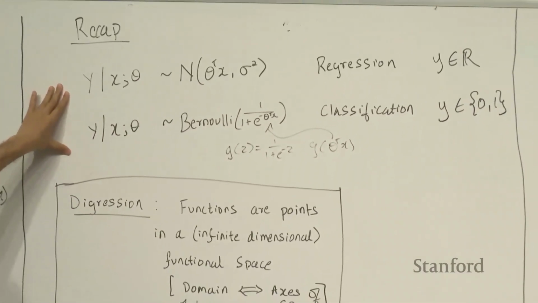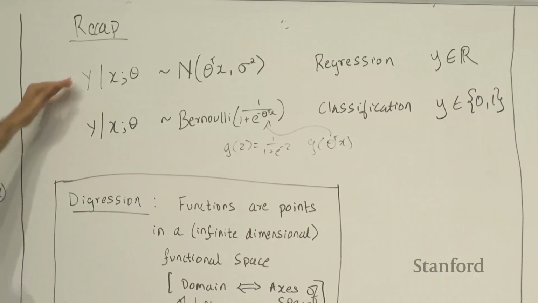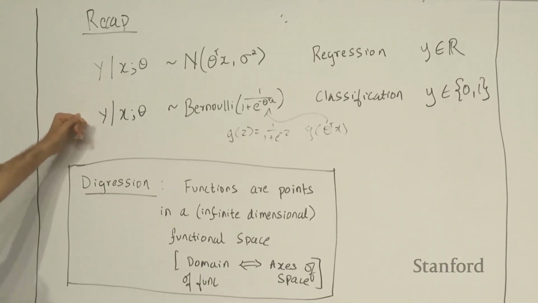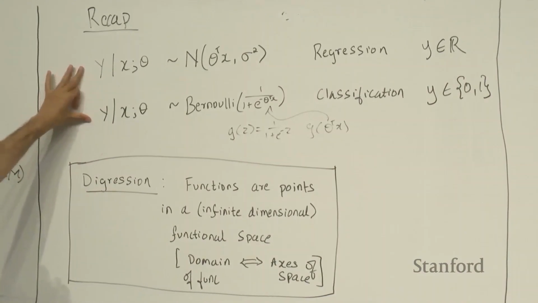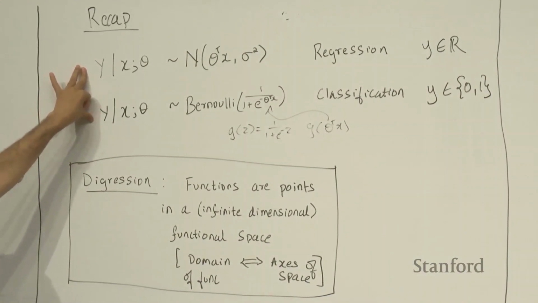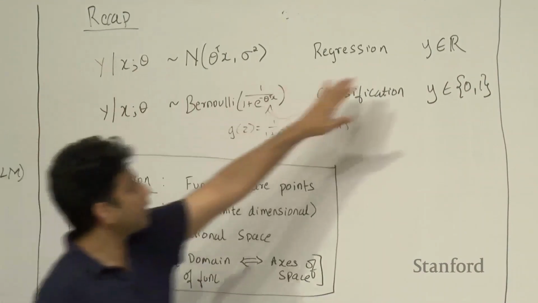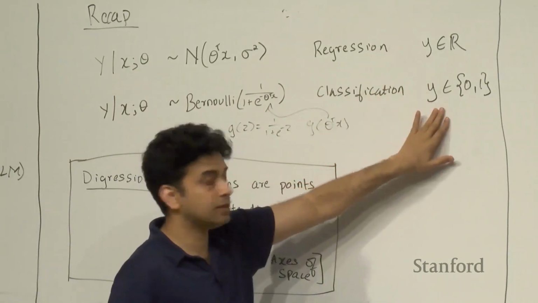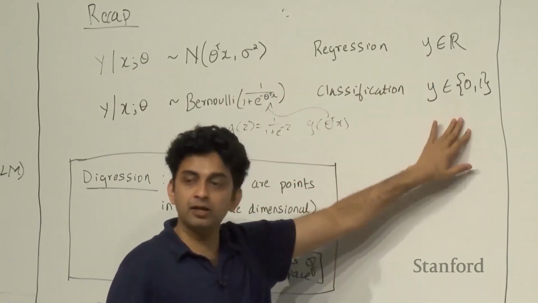So off the bat, we see a few things that are common between these two. First of all, we are modeling y given x in both cases. The difference is that in one case y is real valued, and in the other case y is binary valued, 0 and 1.